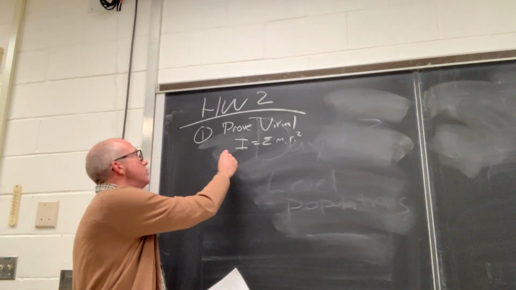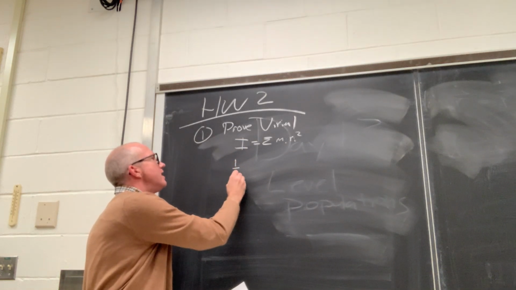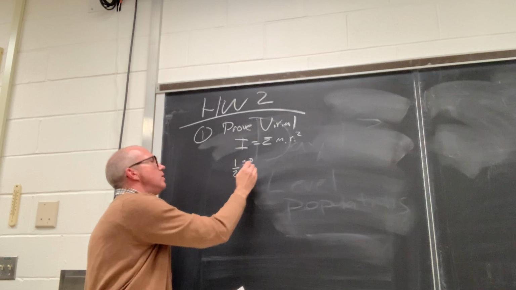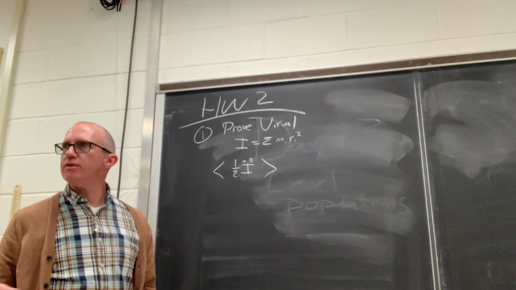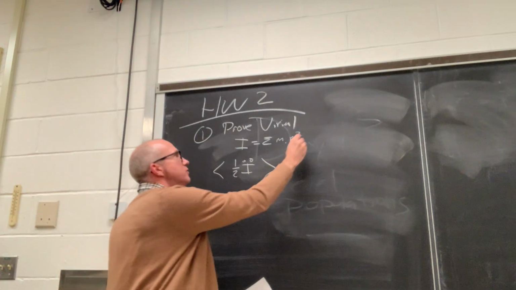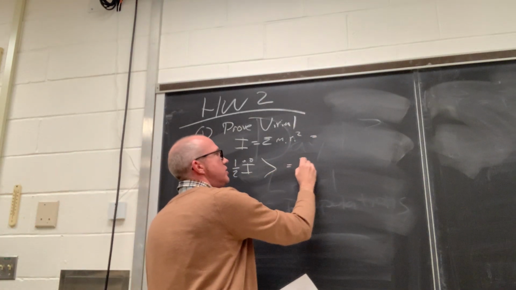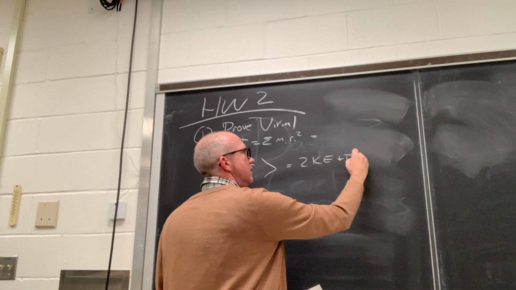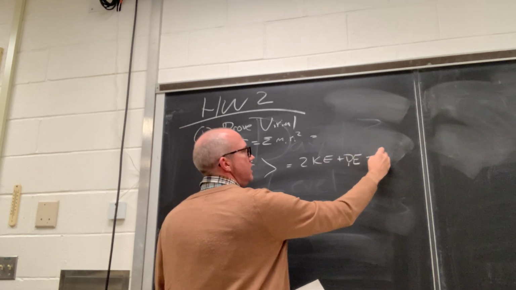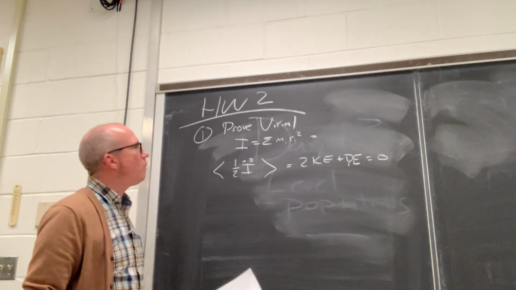So the first one was to prove it, and the second one was we have this thing, I double dot. What kind of averages can I take over this thing so that it goes away? And then I'm left with just 2KE plus PE, or U or whatever, equals 0. When can I say that?